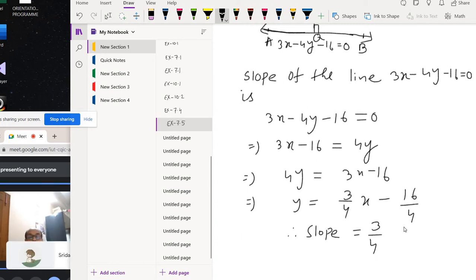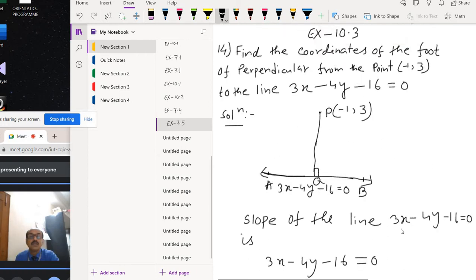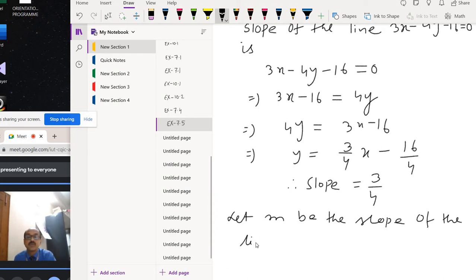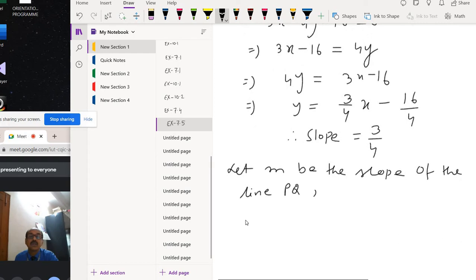This is the slope. Now let m be the slope of the line PQ. So m into 3 by 4 is equal to minus 1, because the lines are perpendicular.